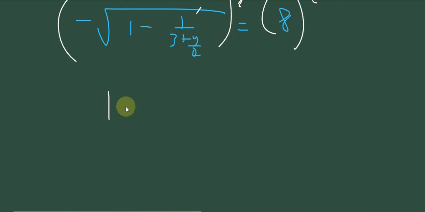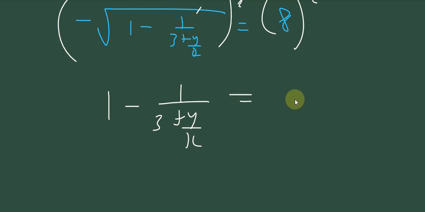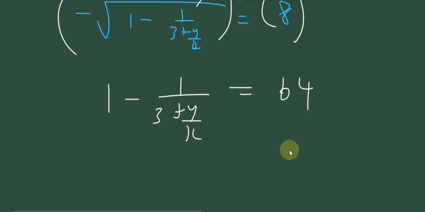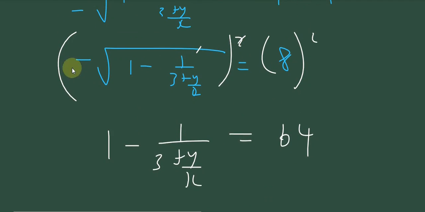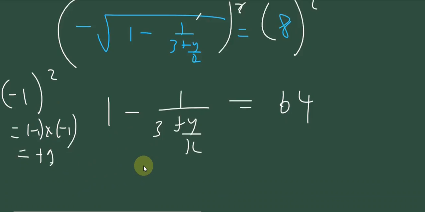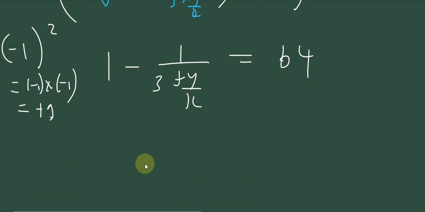So we are going to have 1 minus 1 over 3 plus y over x, which is equal to 64. But you may ask yourself, why when I square a negative, does it become positive? It is because negative 1 squared is the same as negative 1 times negative 1, which is negative times negative, which is positive. Okay, let's proceed with solving.